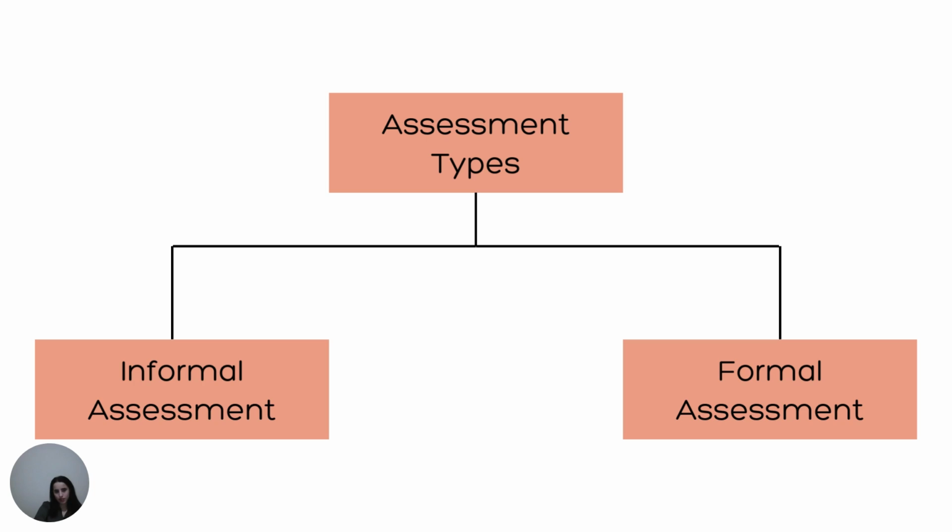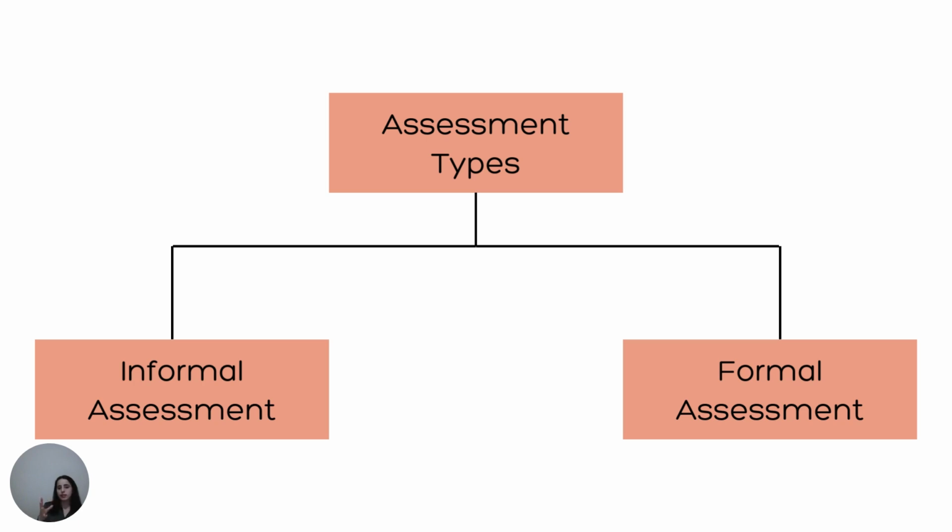The assessment types are informal and formal. Informal assessment is when you enter the classroom and it just happens, when you assess your classroom, your students, the environment there. It's not planned.